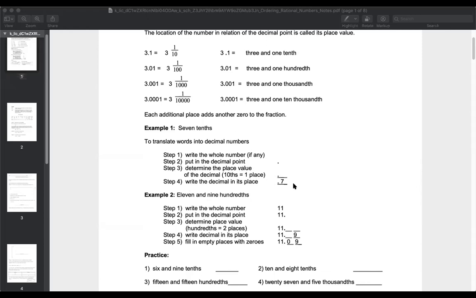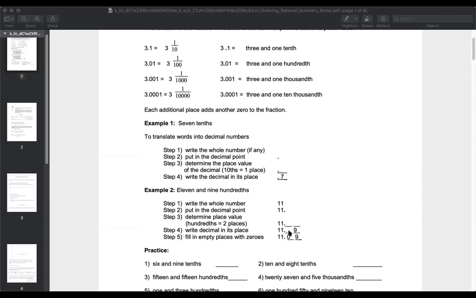If I have 11 and 9/100ths, an example number 2, I still follow those same steps, but now I write down the 11 first. Then I put the decimal point after that 11. And after I put in the decimal point, I decide what place my 9 is in.